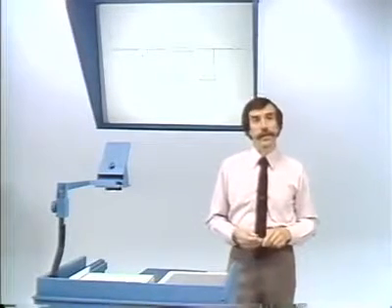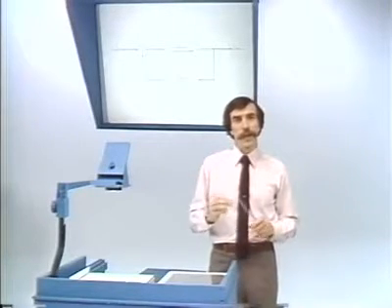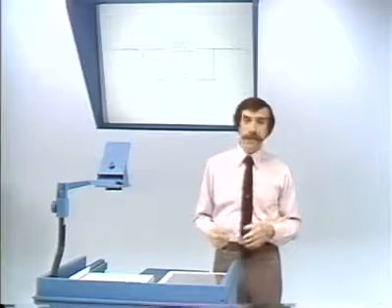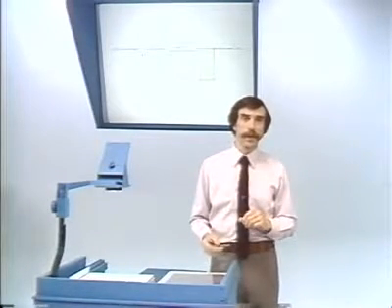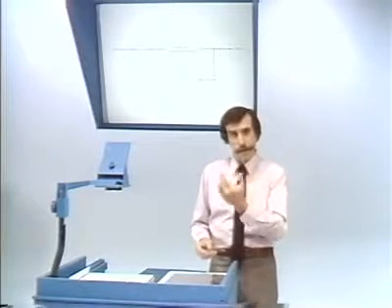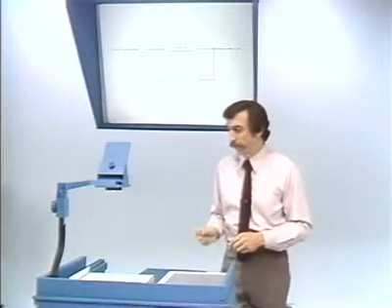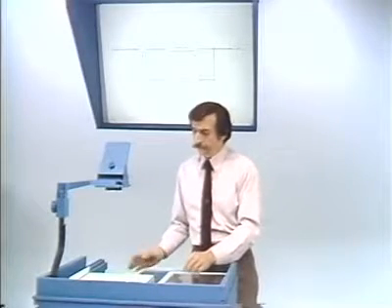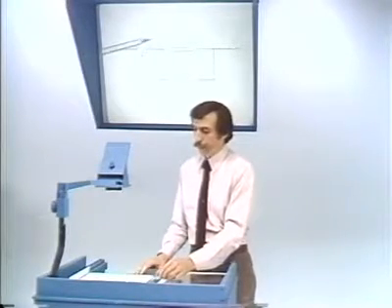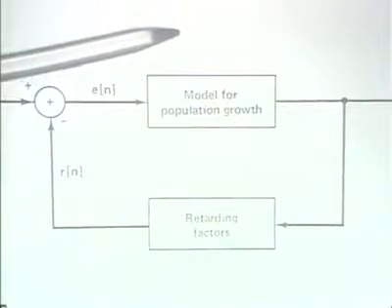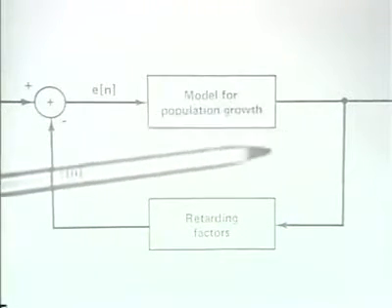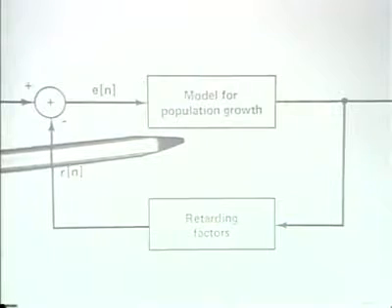Now, where does the feedback come in? Well, the feedback typically comes in incorporating in the overall model various retarding factors. For example, as the population increases, the food supply becomes more limited, and that essentially is a feedback process that acts to retard the population growth. And so an overall model, somewhat simplified, for a population system is the open loop model in the absence of retarding factors.